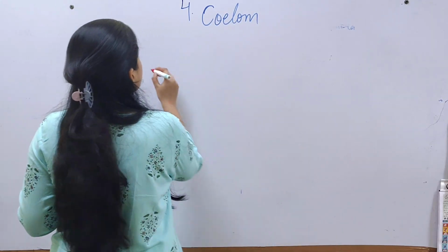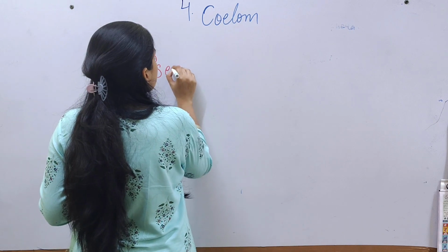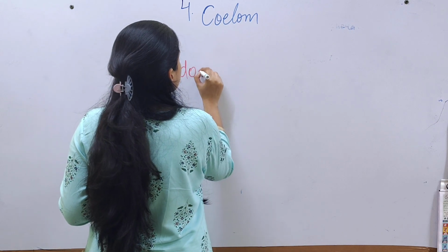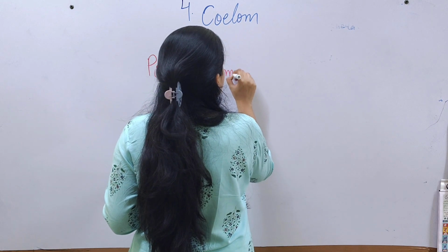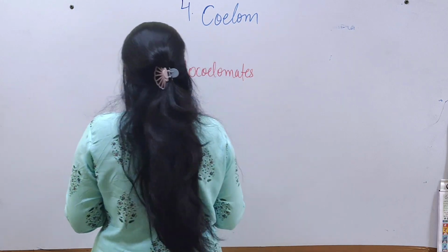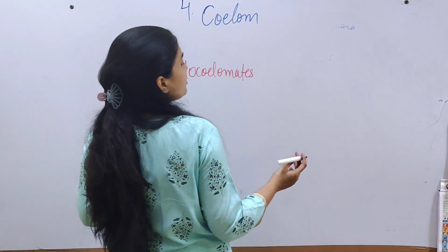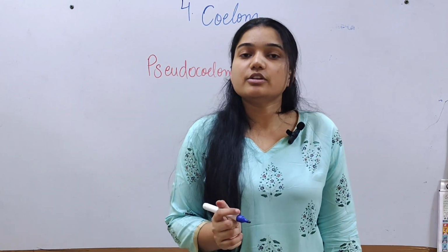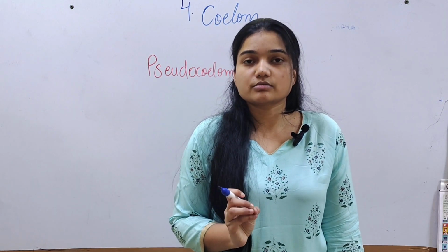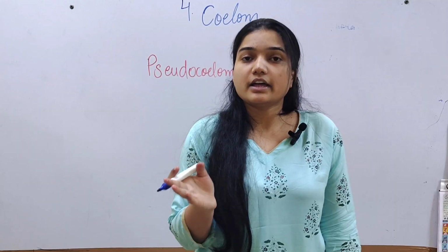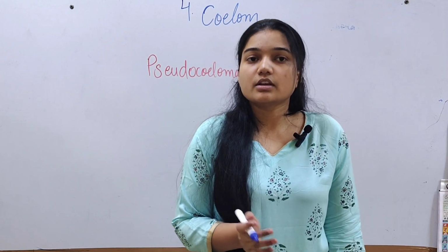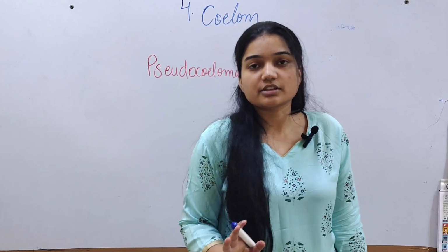Now the second type is pseudocoelomates. In pseudocoelomates, the mesoderm is found in small pouches, not between the ectoderm and the endoderm. It is known as a pseudocoelomate animal.